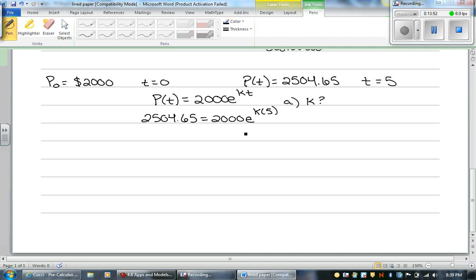So we want to get that exponential piece alone. We're going to do so by dividing both sides by 2,000. And once we do that, we're going to take the natural log of both sides.